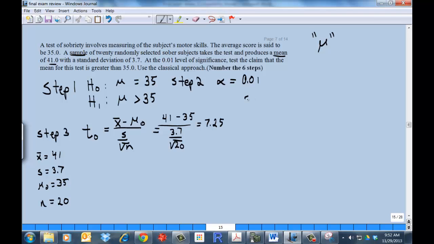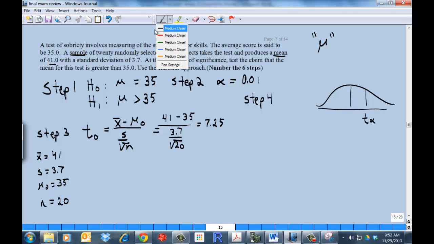Now, step 4. Since we're using the classical approach, we need to find the critical value. And the critical value here is what we call t alpha. And this region here is called the critical region. Now, to get the t alpha value, we're going to use the inverse t function.